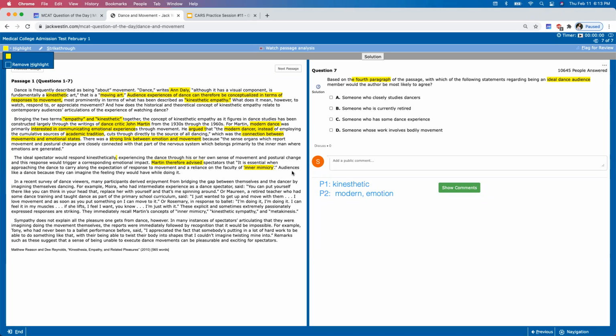Yeah, perfect. So why do audiences like a dance? Because they can imagine the feeling. We had a question on audiences, so that's probably important. The ideal spectator. Okay, perfect.